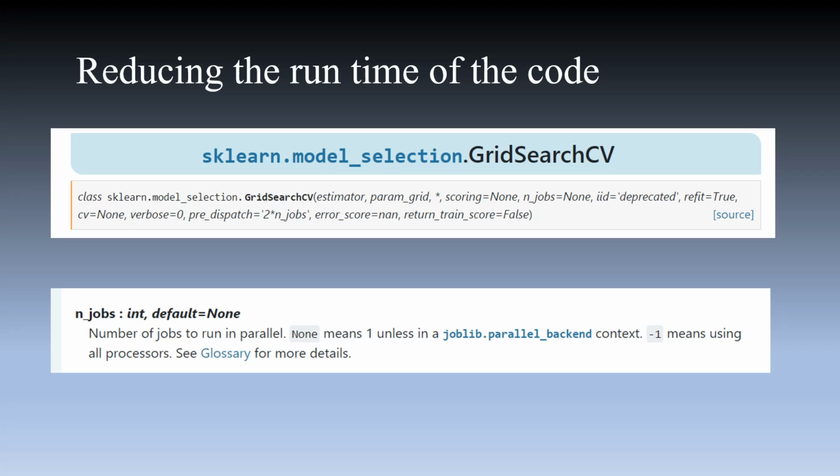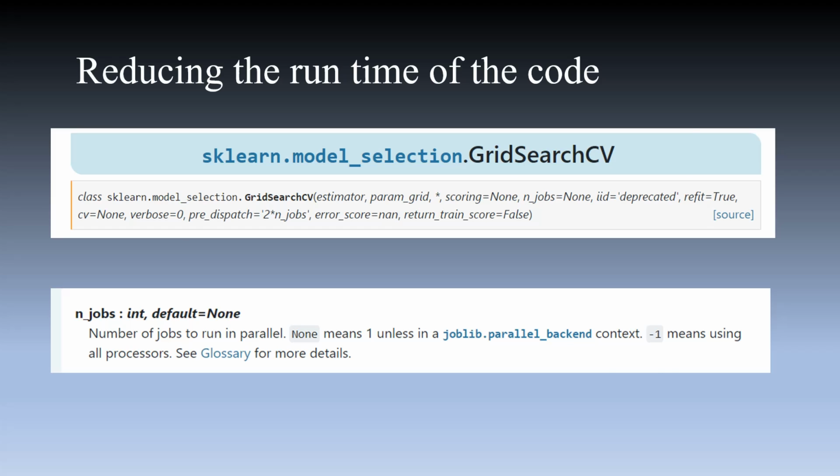When you go to grid search, there's a parameter called n_jobs. This is basically the number of cores in your computer, the number of jobs that run in parallel. If you set this parameter to -1, all of the cores of your system will run in parallel, and this would be a lot faster.